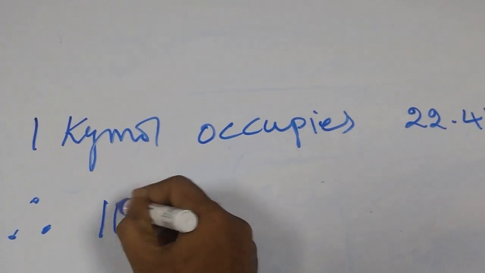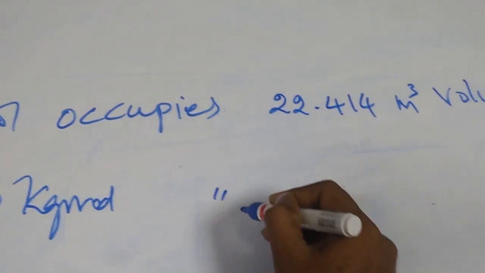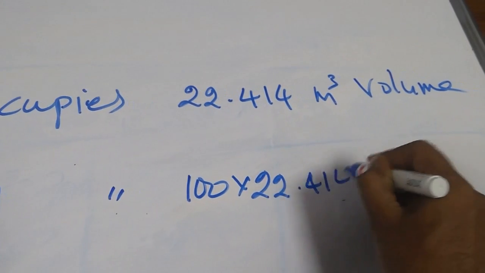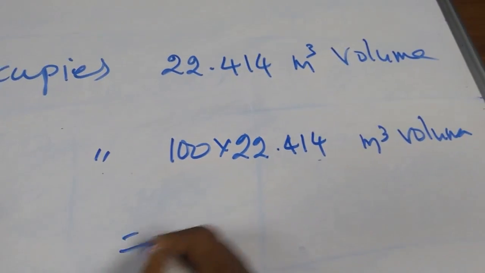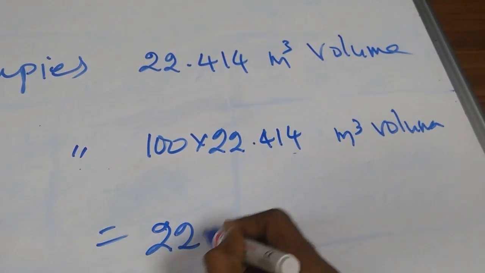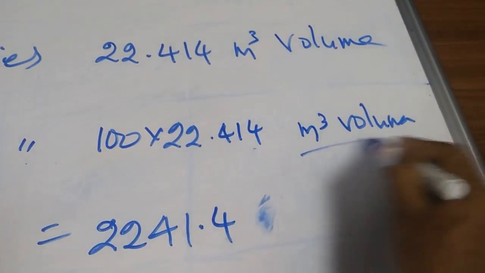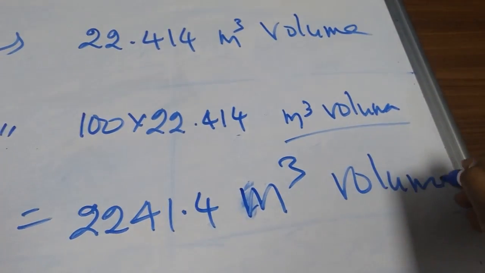Therefore 100 kg moles occupies 100 into 22.414 meter cube volume, which is equal to 2241.4 meter cube volume, right?